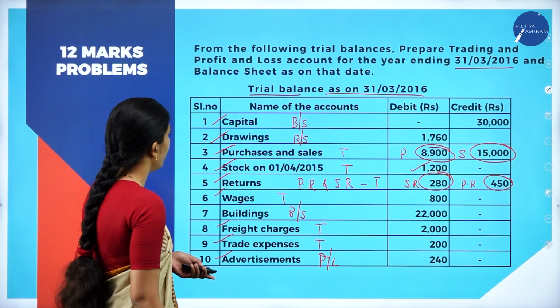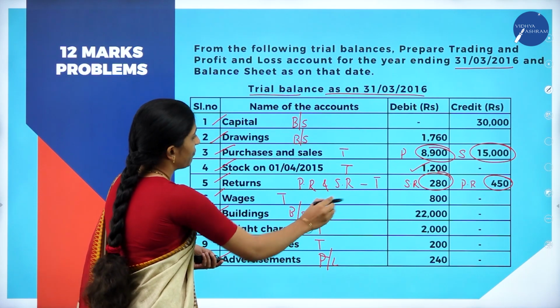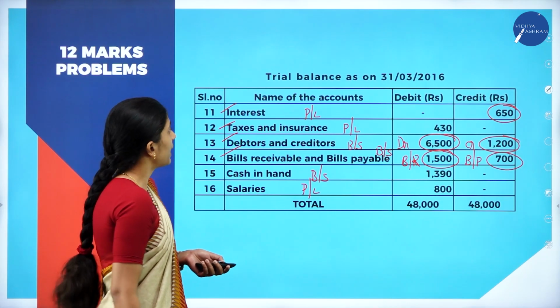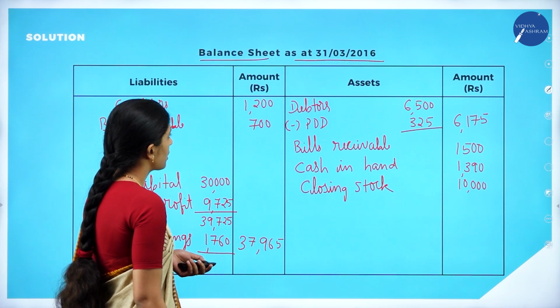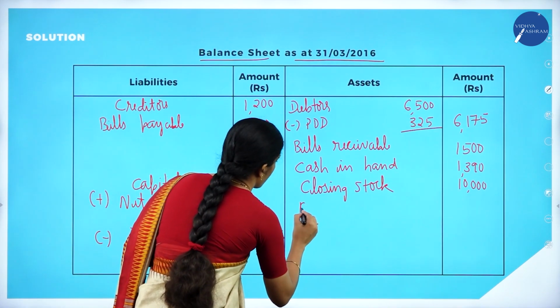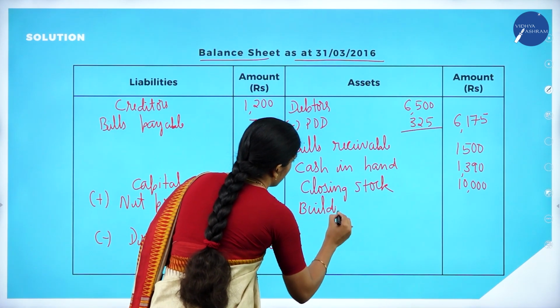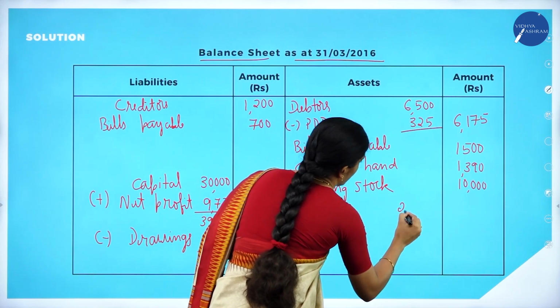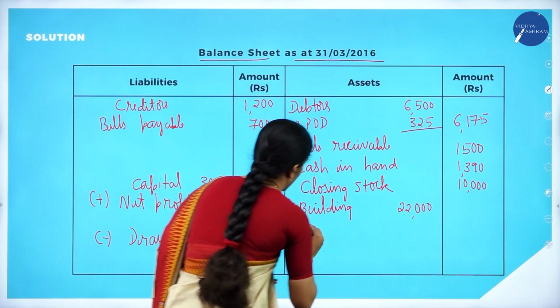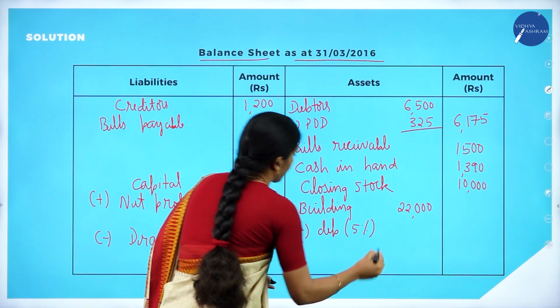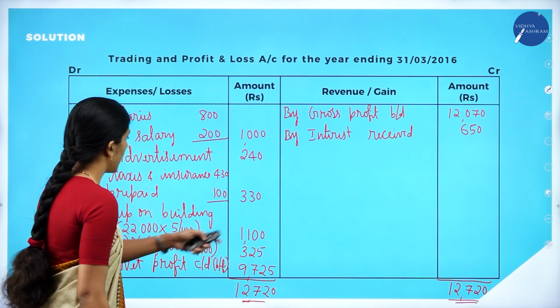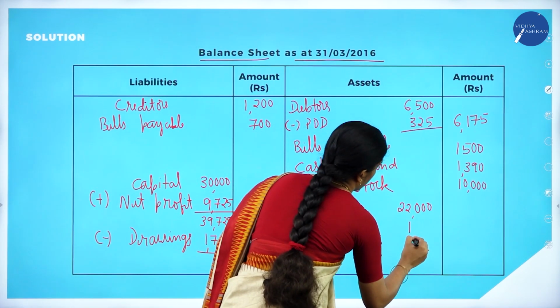We shall record it now. Building is left out, 22,000, and we have depreciation at 5%. So building 22,000 minus depreciation, that is 5%. 5% depreciation is 1,100.